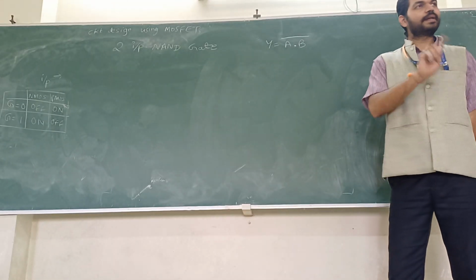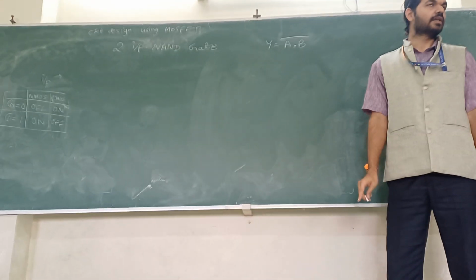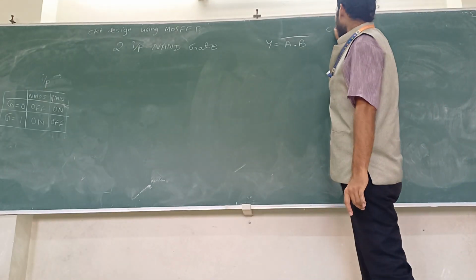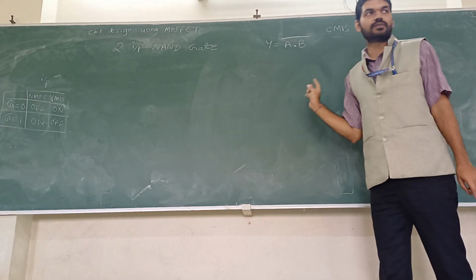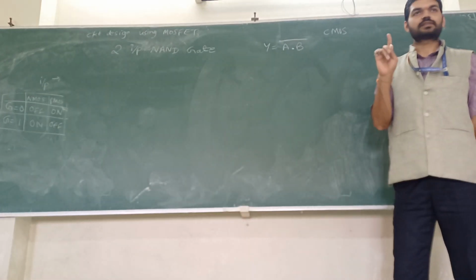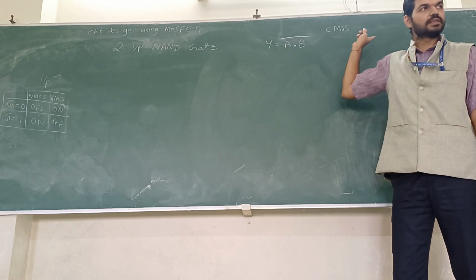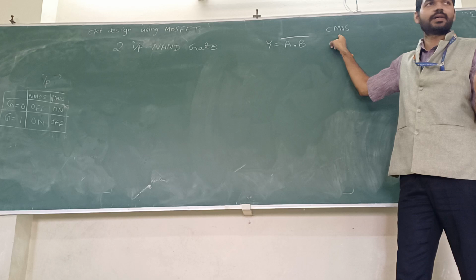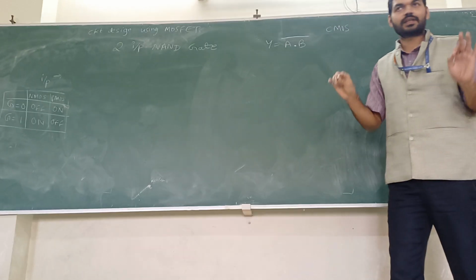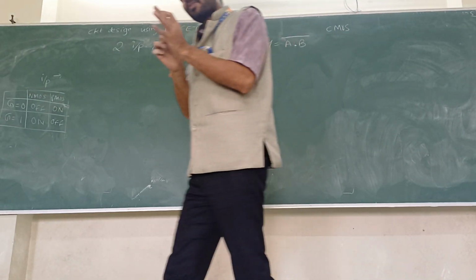Whatever we are studying now, we are studying the design using CMOS logic. What is CMOS logic? Complementary MOS logic. What do you understand by that? We use PMOS and NMOS both.